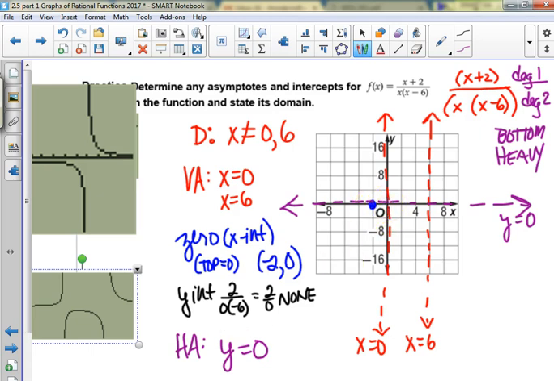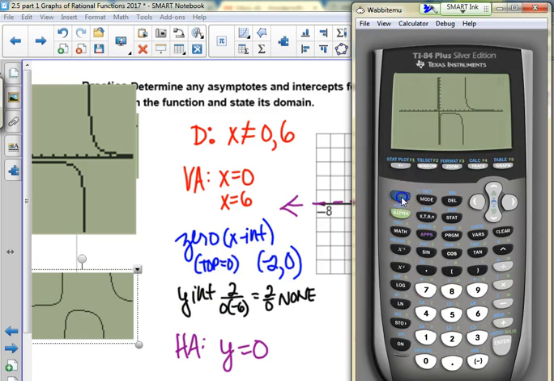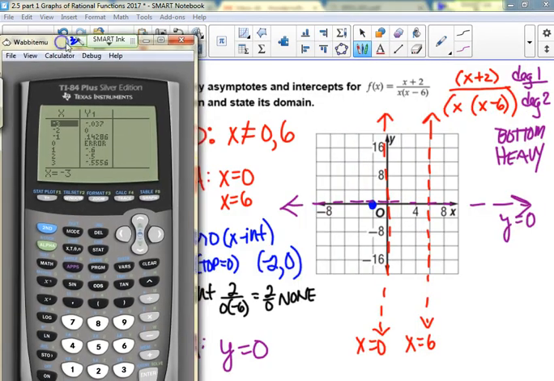If you want to look at the table, you could see some ordered pairs. I am definitely not going to be super worried about perfect points other than maybe the x and y intercept. All right. At -3, it's at -0.037. At -1, it's positive. Let's just go with it.